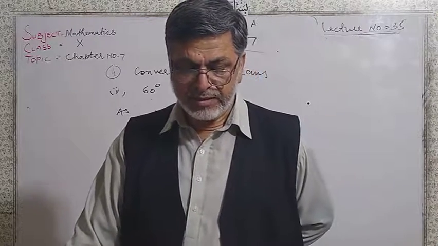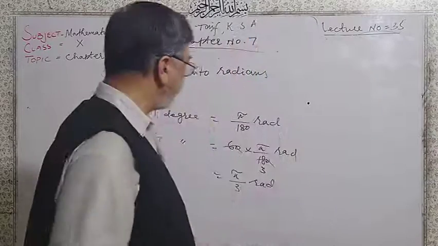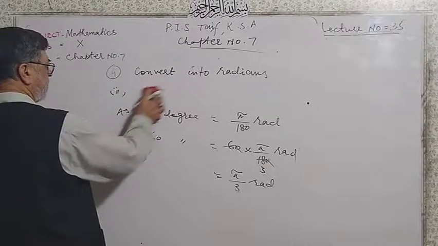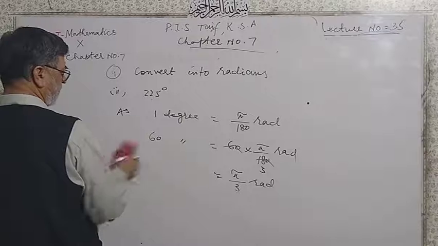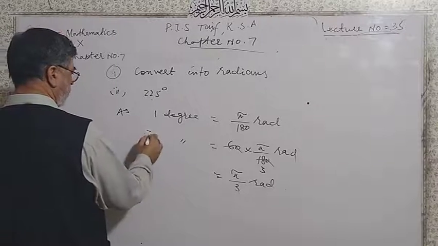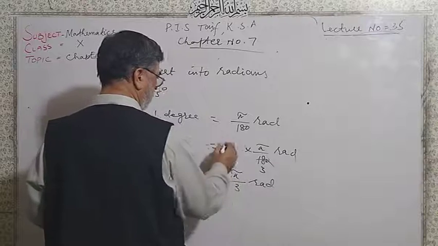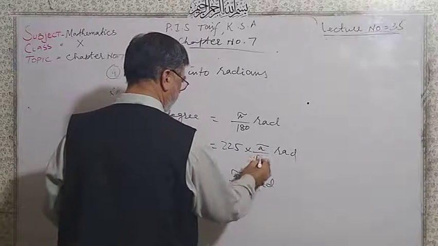After that, we have part number 4, 225 degrees. You simply change the values here. 225 degrees times pi over 180.